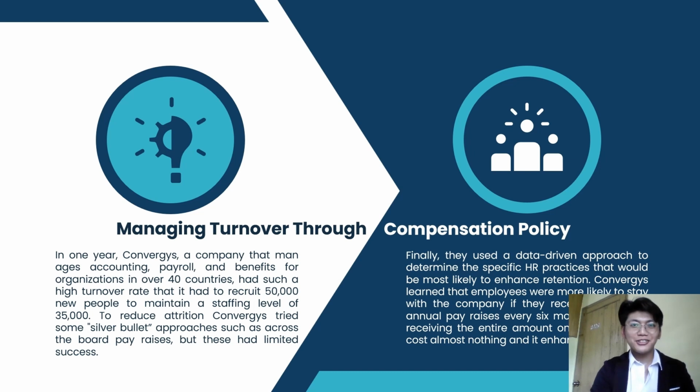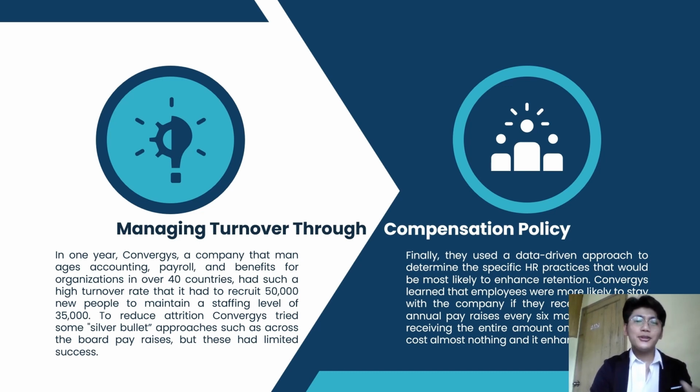And now, as mentioned earlier about the compensation policy, here is a concrete example of managing turnover through compensation policy. In one year, Converge, a company that manages accounting, payroll, and benefits for organizations in over 40 countries, had such a high turnover rate that it had to recruit 50,000 new people to maintain a staffing level of 35,000. To reduce attrition, Converge tried some silver bullet approaches, such as across-the-board pay rises, but this had limited success.